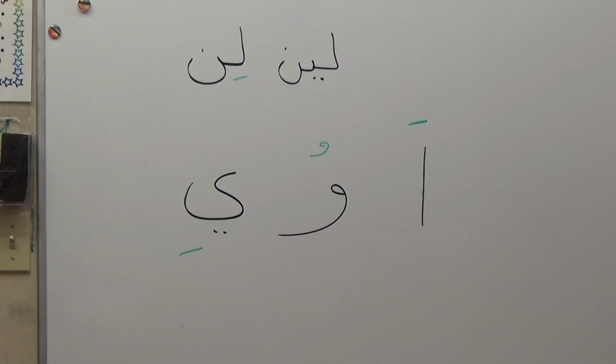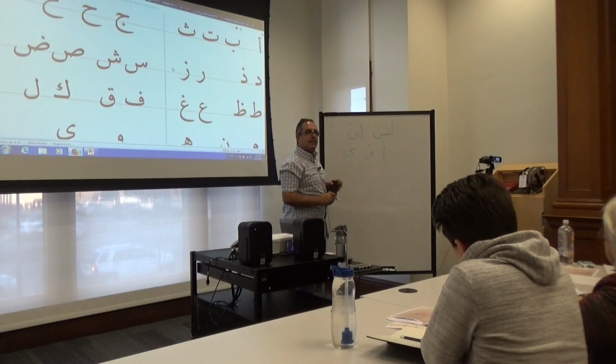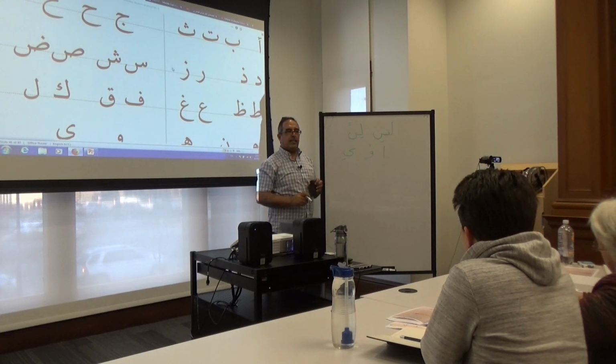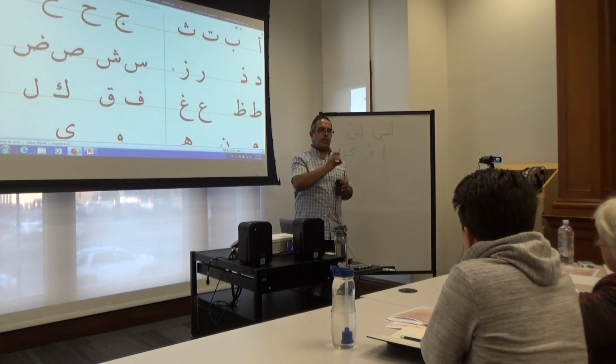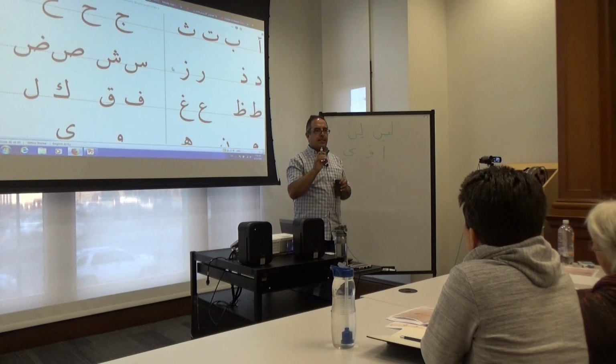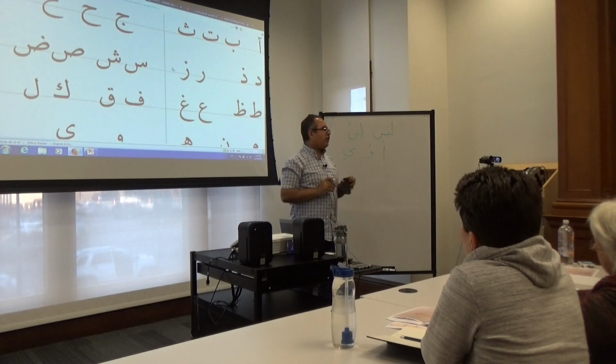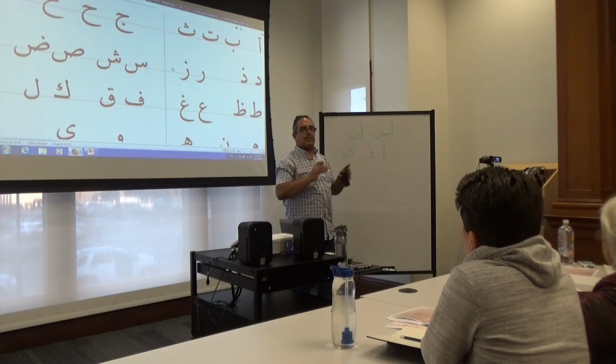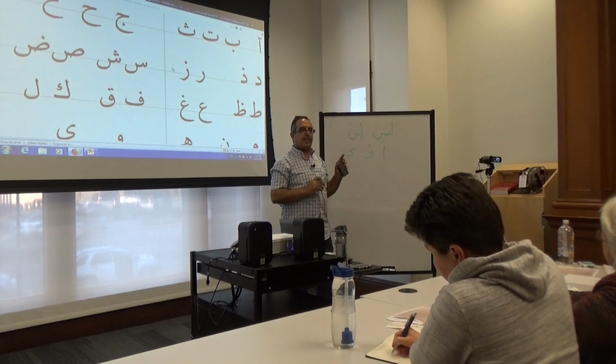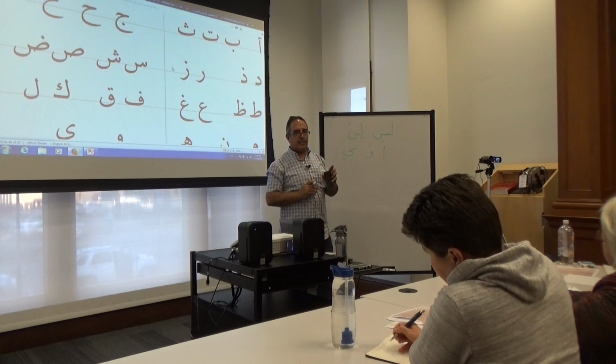Len, you stop. When you stop, that's when we use this little circle over there. That means in this letter you need to stop. It's not fatha, it is not dhamma, it's not kasra. You stay there. So this is len, that's it. Not lina, not linu, not lini, it is len.